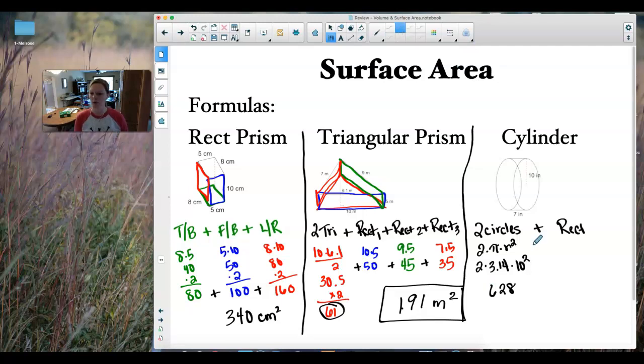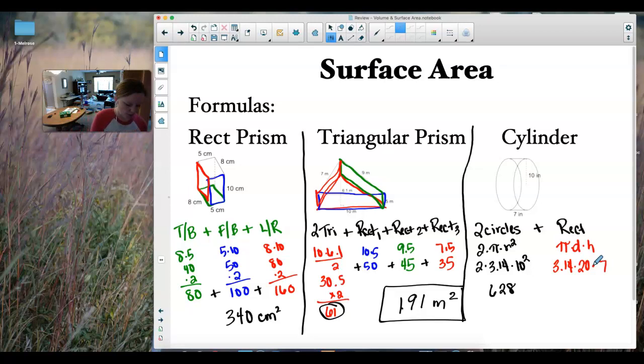Okay, then for the rectangle, back in our notes from a couple days ago, the rectangle ends up being the circumference of the circle, which is pi times diameter, times the height of the cylinder, which is 7 in this case. So we would have to do 3.14 times the diameter, which is 20. Remember, the diameter is all the way across, times the height, which is 7.